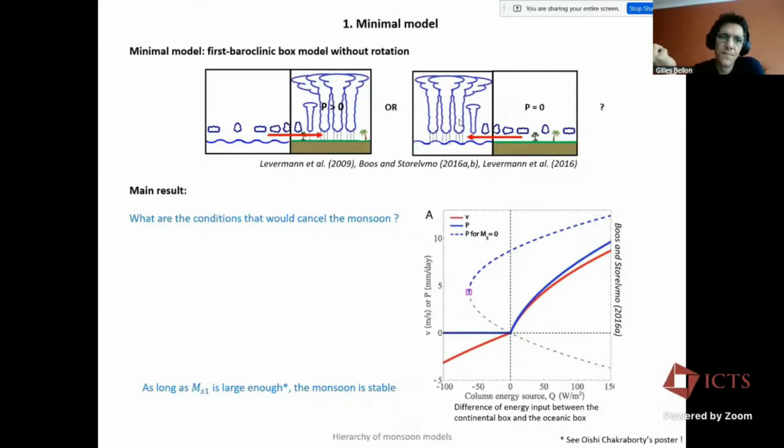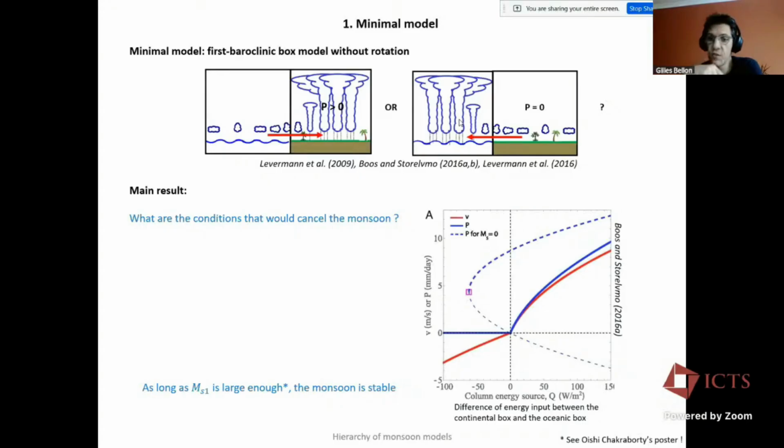And the answer to that question of whether we can have abrupt transition or abrupt disappearing of the monsoon, due to maybe paleoclimate conditions or maybe due to climate change, that's a little bit what Levermann was going after.